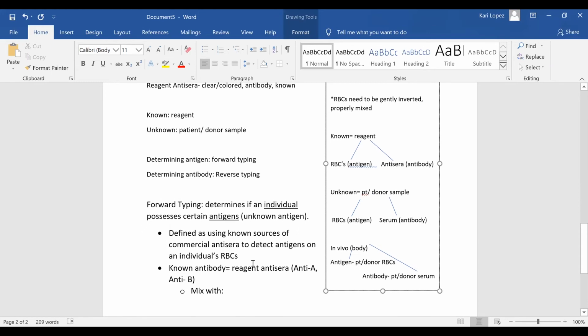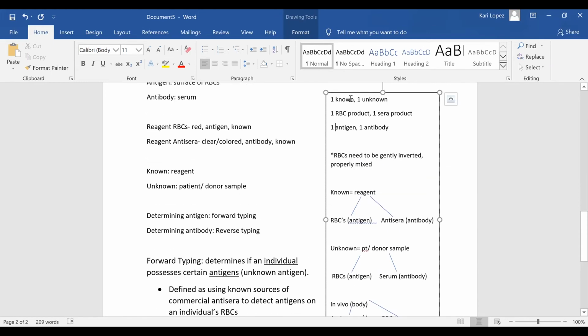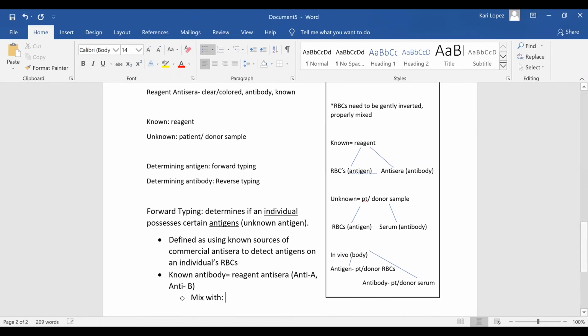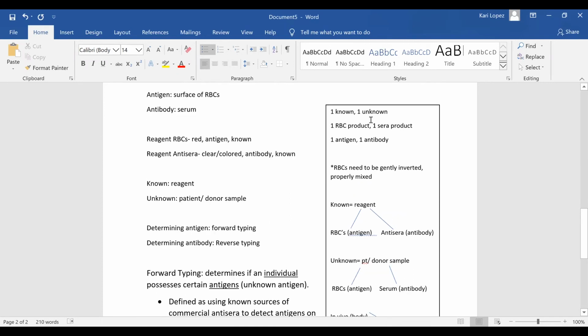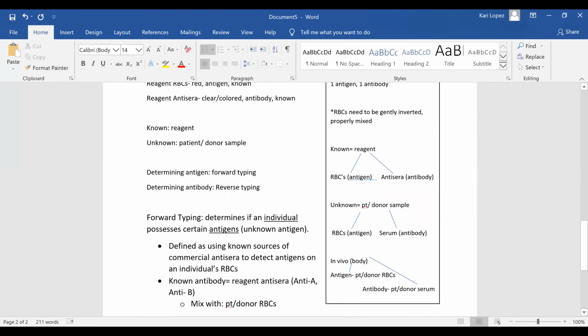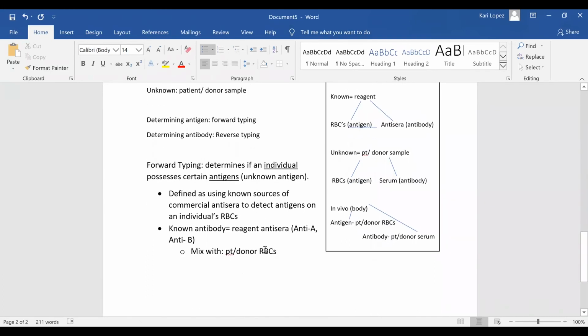Let's see what we got. We have reagent anti-sera, so we've got one known. So we need one unknown, so we know we're going to mix it with the patient or donor. Now we've got one sera product, so we need a red blood cell product. So we're going to mix it with patient or donor RBCs. And then we've got one antigen and one antibody.